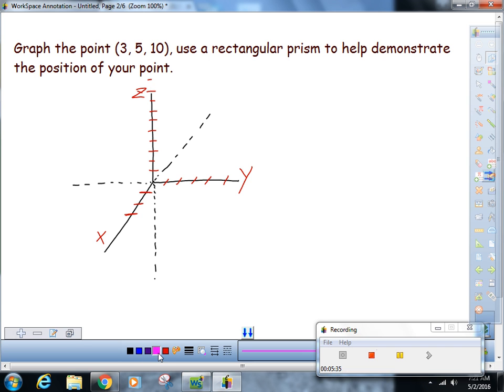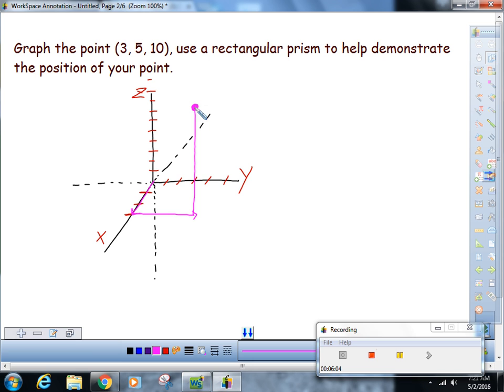Now I'm going to trace our steps in pink, and then we'll draw a rectangular solid to help us. We've traveled 3 units in that direction first. Okay? Then we are going, watch how they got to be parallel, 5 units in that direction. And then we are going 10 units in that direction.